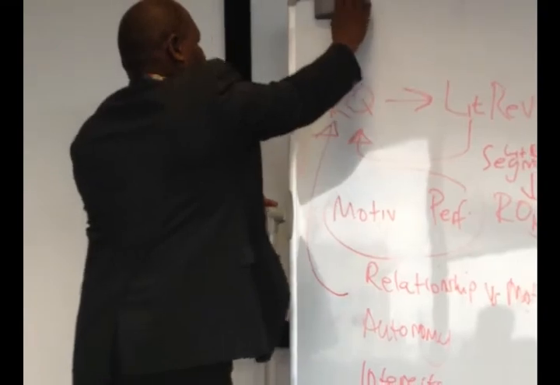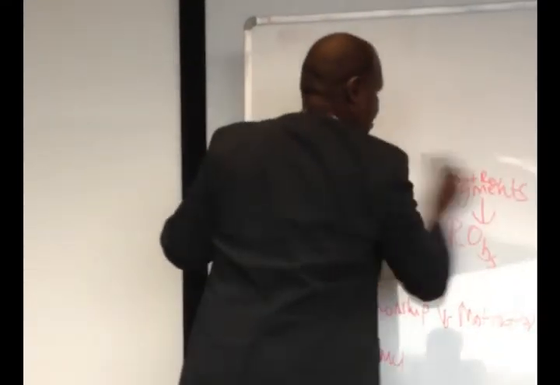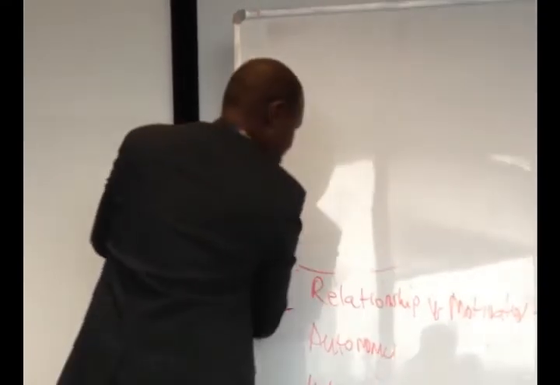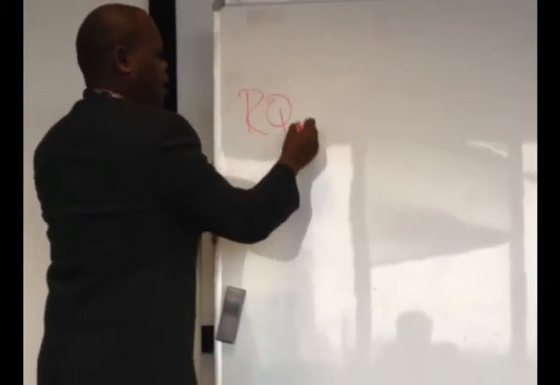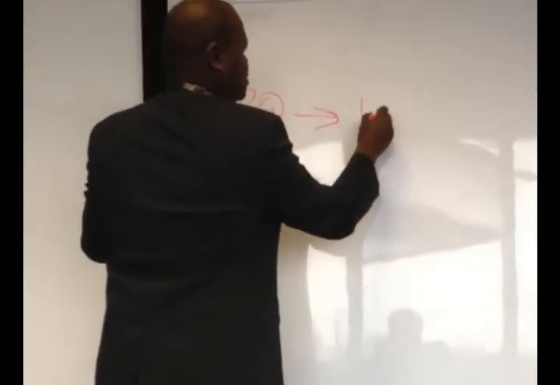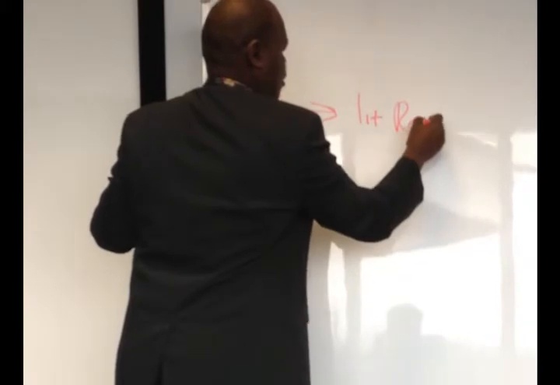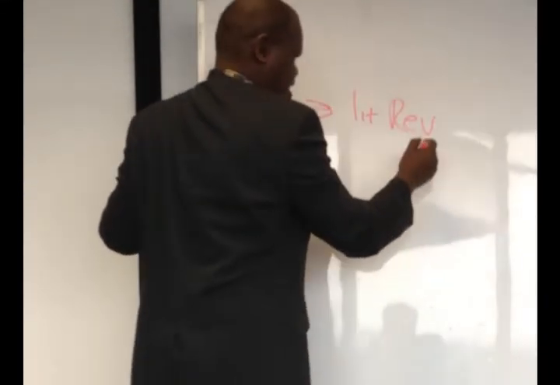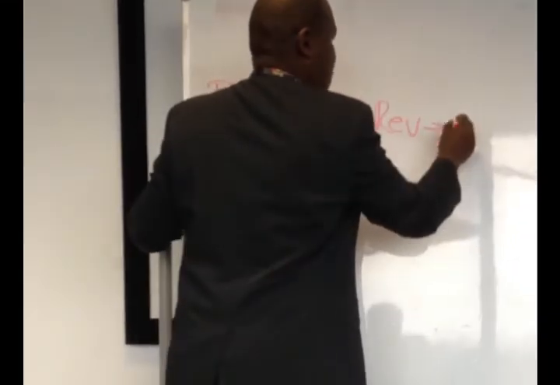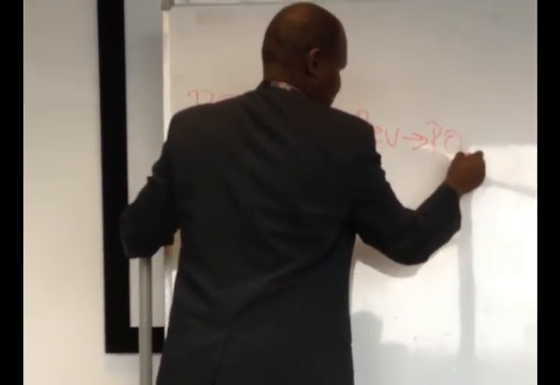In summary then, what we have is the research question. We have the lit review. And that is split into segments, which lead to the research objectives.